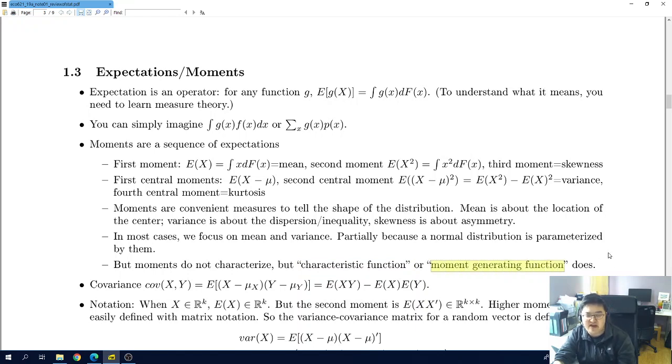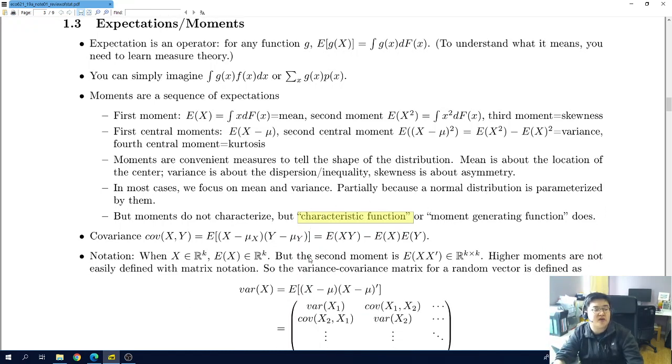I'm not going to define them here, but what I'm saying is that simple moments are not the definition of the random variable. There are different or more general functions that mathematically characterize the random variables.